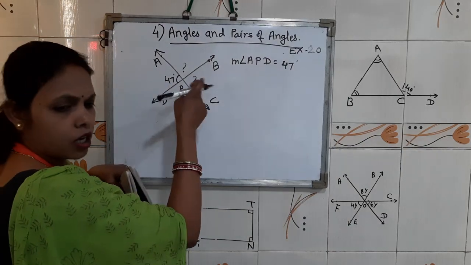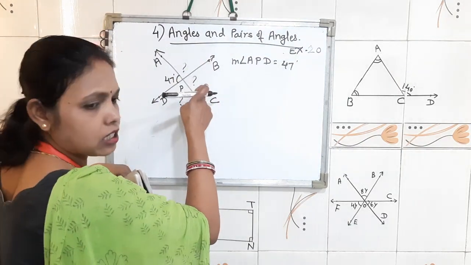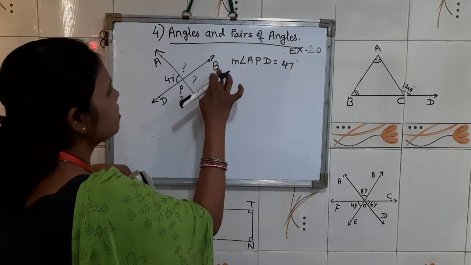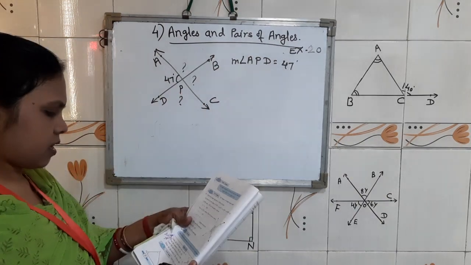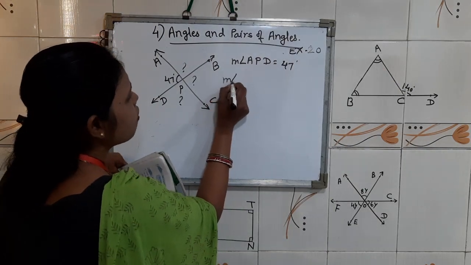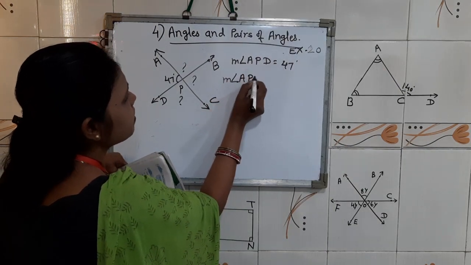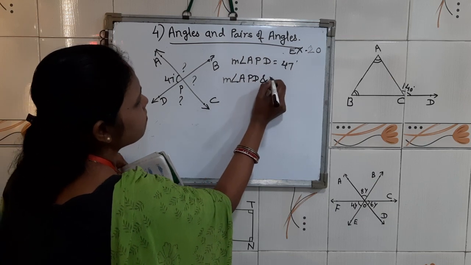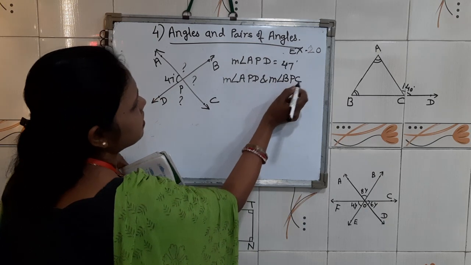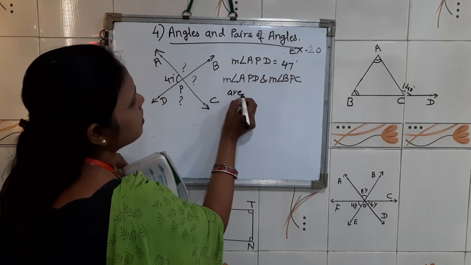So the opposite of this angle is angle BPC. Write down: measurement of angle APD and measurement of angle BPC are opposite angles.